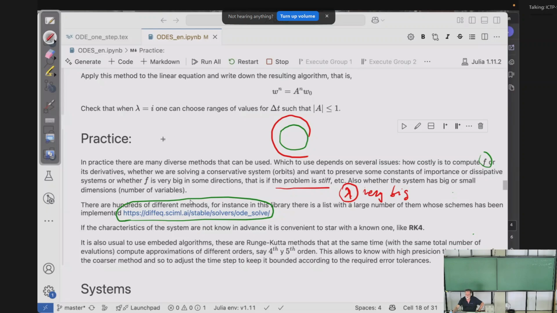For instance, sometimes you have an equation which is like this: dy/dt equals some matrix over some epsilon times y plus some other term b. So in that case, you might want methods which are implicit for this part.